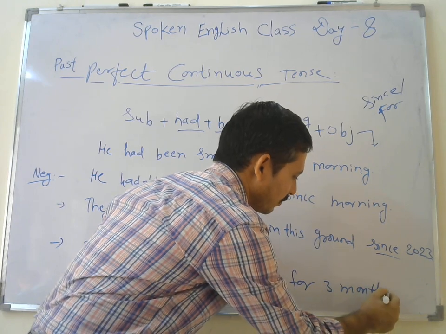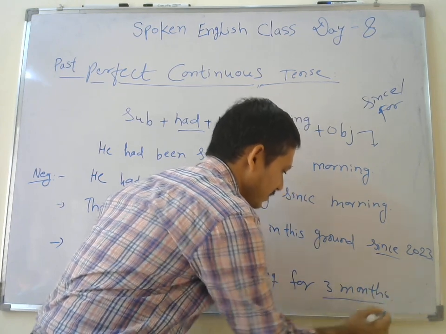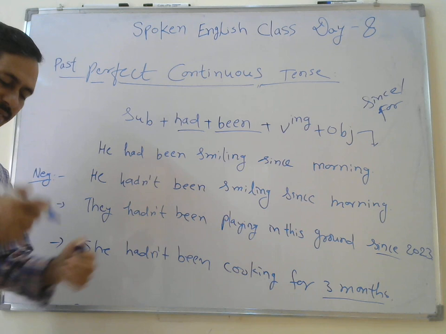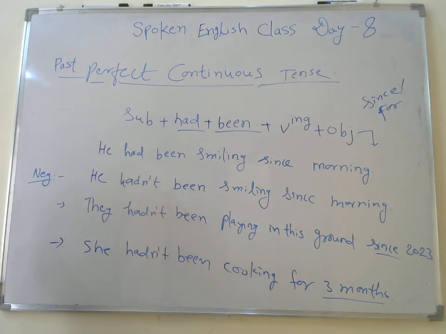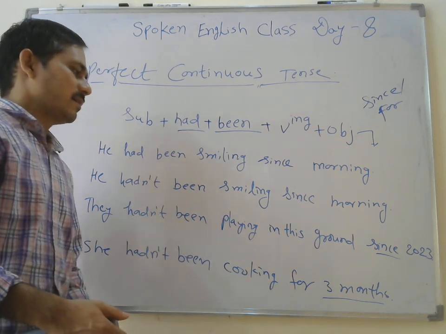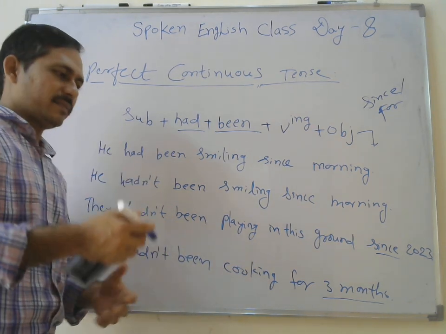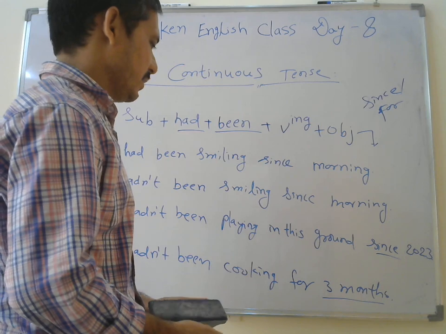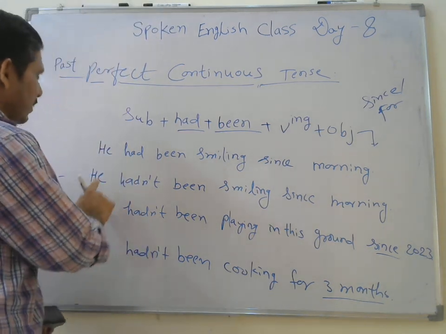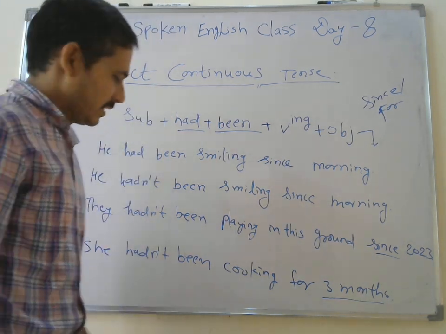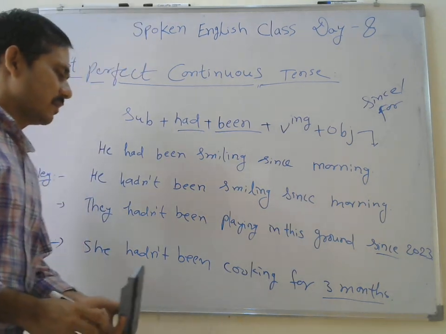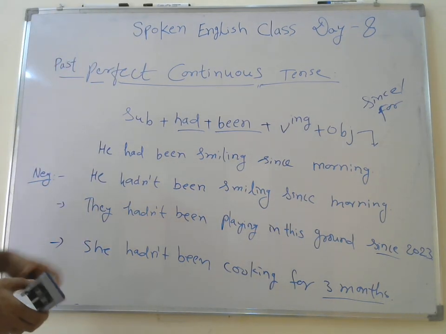For 3 months is a period of time, a duration, so "for" will be used. Okay, she hadn't been cooking means she was not cooking in the past. She was not cooking for 3 months. So that's your past perfect continuous tense. Right, friend? So these are a few examples.